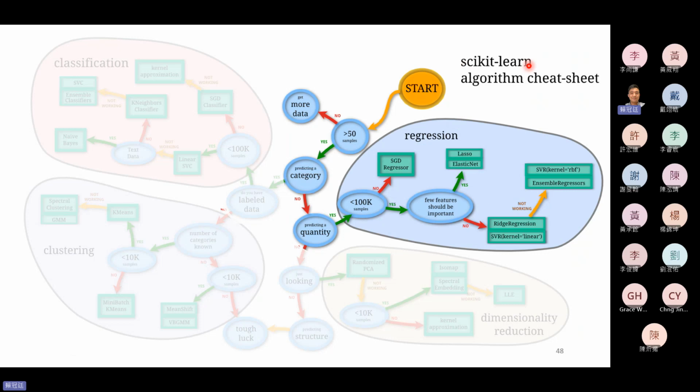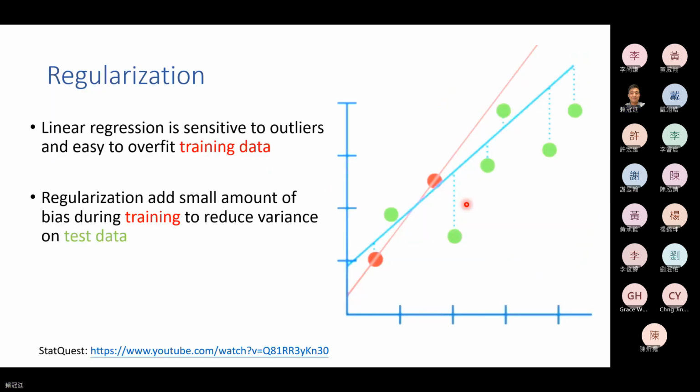So in a scikit-learn algorithm cheat sheet, you can find that there are many different regression algorithms, but actually they are all based on linear regression. Let's see why. First, linear regression has a problem: it is sensitive to outliers. What are outliers?